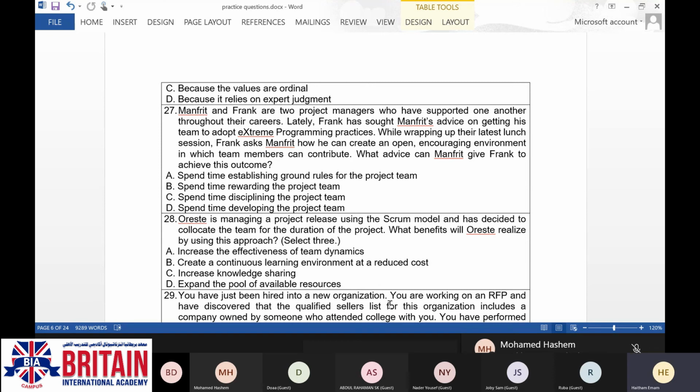Which answer have you selected? D, spend time developing the project team. Why? Because it's mentioned here how we can create an open, encouraging environment in which team members can contribute. So it's a matter of developing the team. That's true.